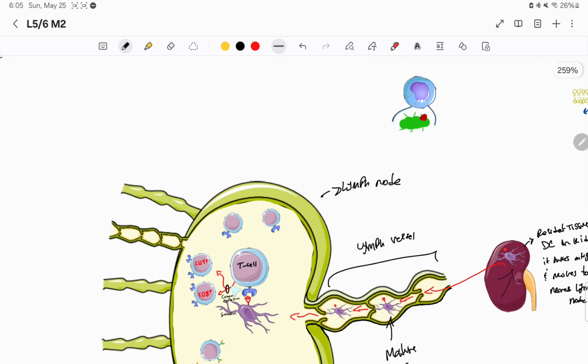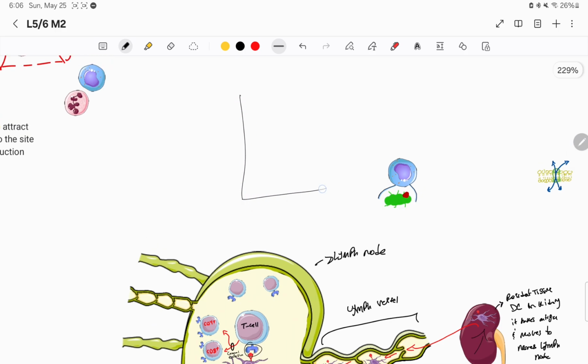We have already made memory T cells that are partially activated, and they're very specific, right? They have very specific receptors to go and find that pathogen, okay? Which means the second time we get infected, we will not have to wait 3 to 5 days to activate the immune system if that infection is the same pathogen as the first time.